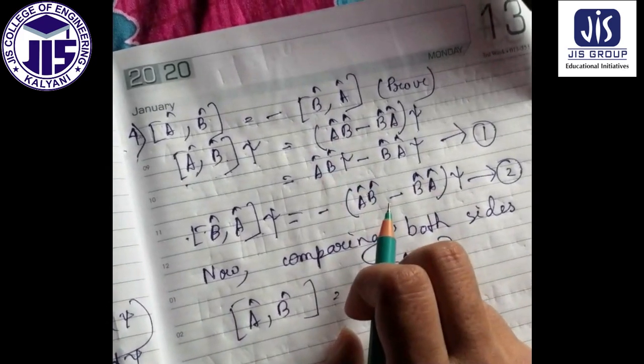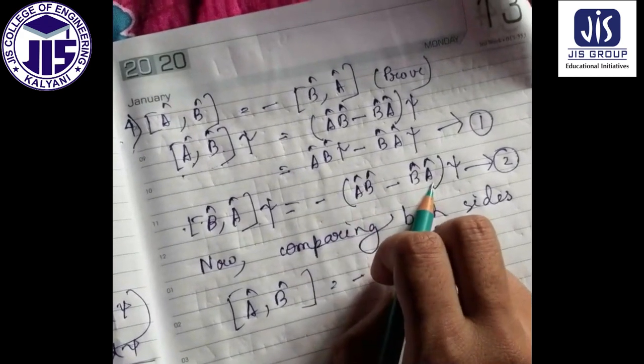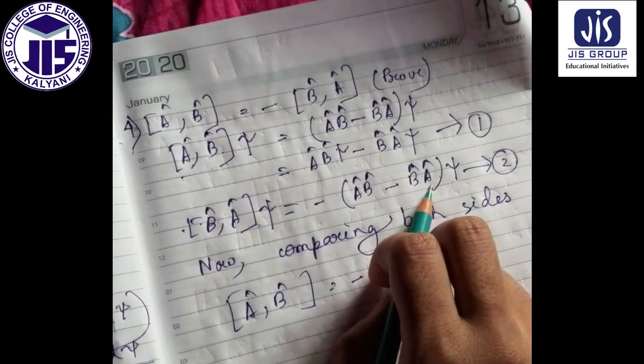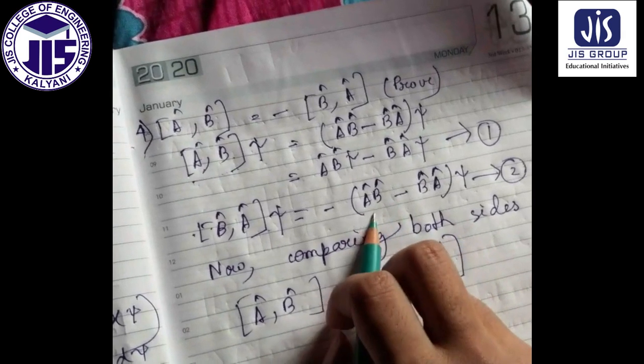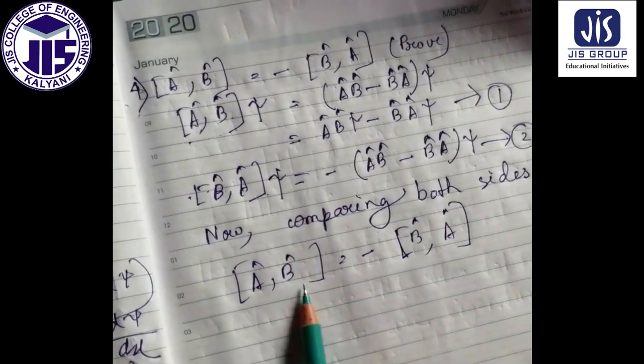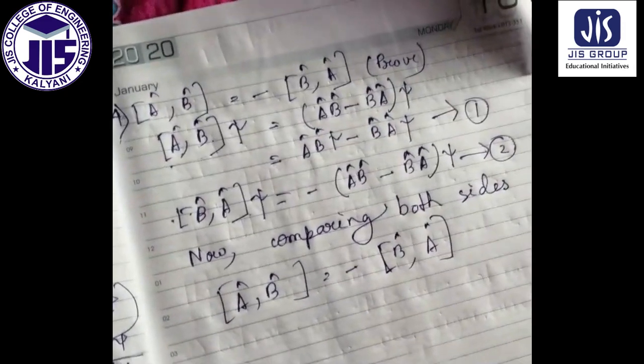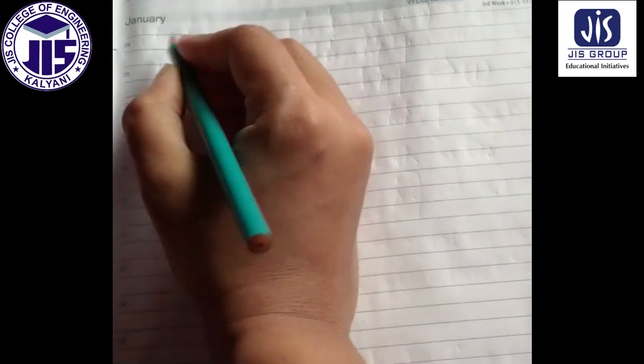So if you take a common minus, then finally we can get it from here, BA minus AB. So thus we can prove that [A, B] equals minus [B, A].